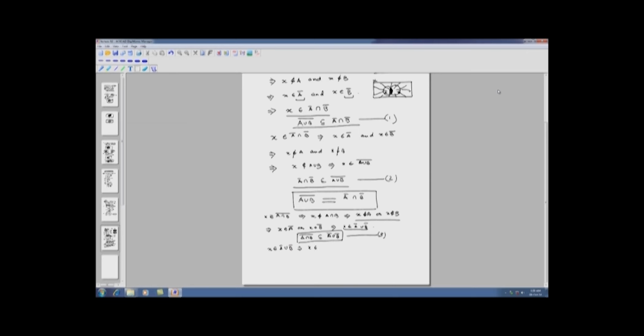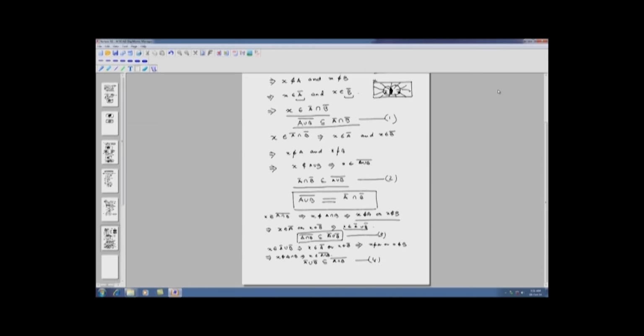This means that x belongs to A complement or x belongs to B complement, which in turn means that x is not in A or x is not in B, which in turn means x is not in A intersection B, which in turn means x belongs to A intersection B complement, which gives us A complement union B complement is a subset of A intersection B whole complement.